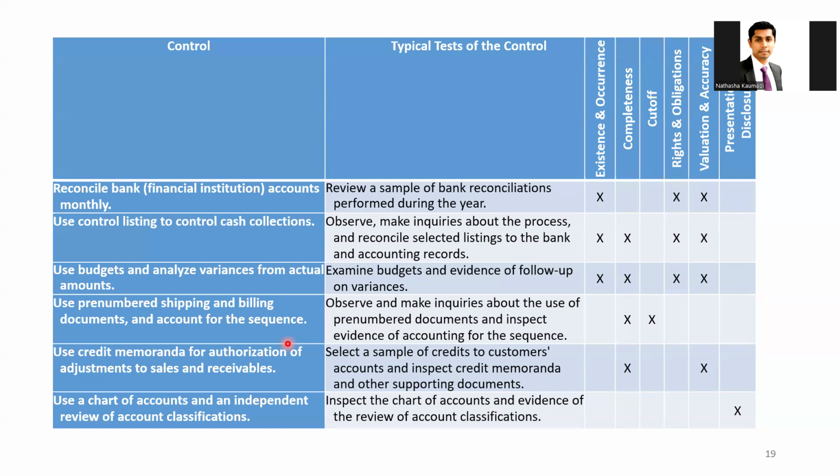That means TODs and SATs. You can reduce them. But let's say based on the test of controls, you understand that the internal controls are very weak. There's no operating effectiveness. Then you will have to do more TODs and more SATs. That is the relationship between test of controls and the substantive procedures.